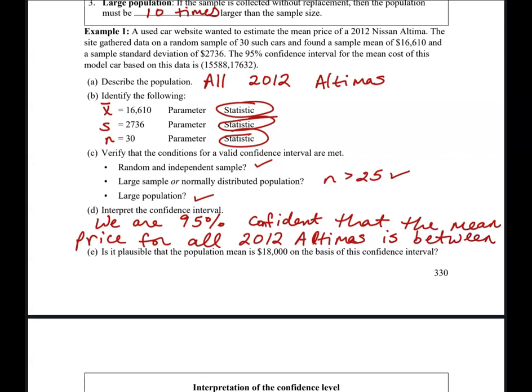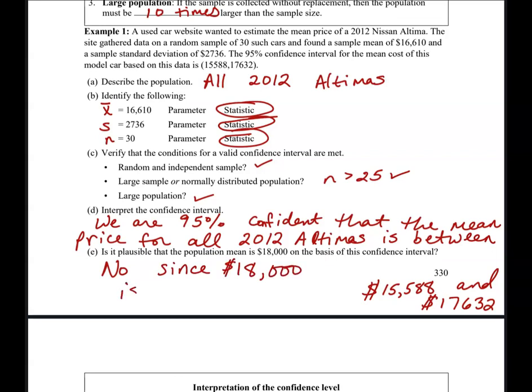So remember, that gives you a range of plausible values. So it's between 15,588 and 17,632. Is it plausible that 18,000 is the population mean on the basis of this interval? And I would say no. Why? Since the 18,000 is not contained in the interval. So that is probably not a plausible value.